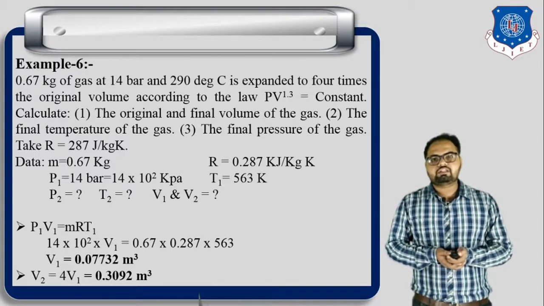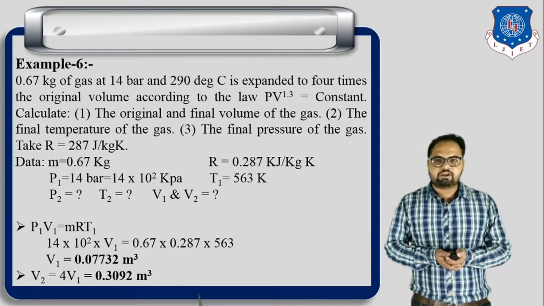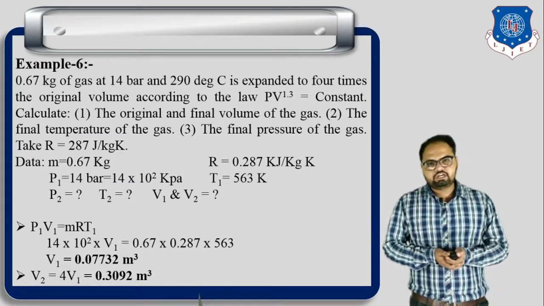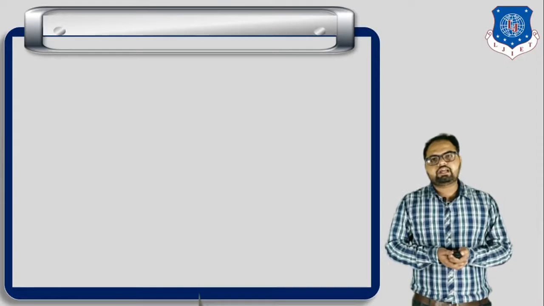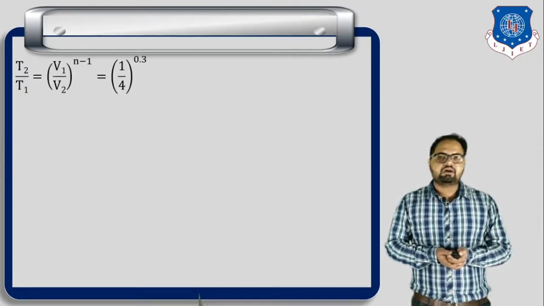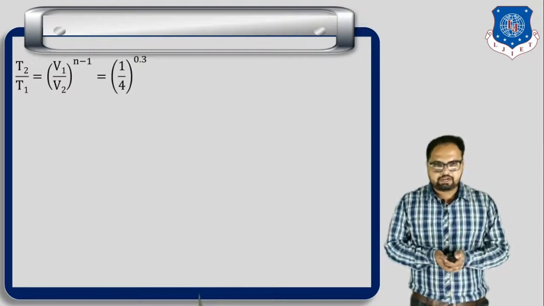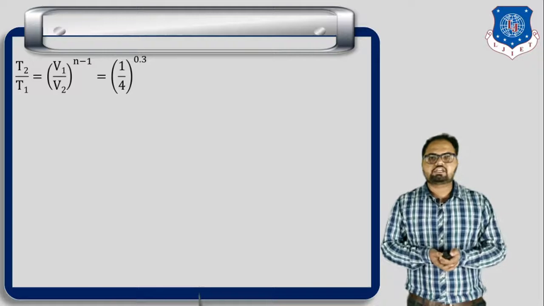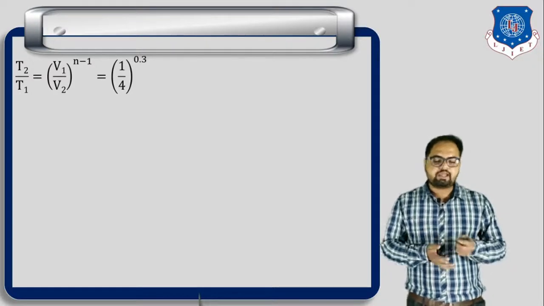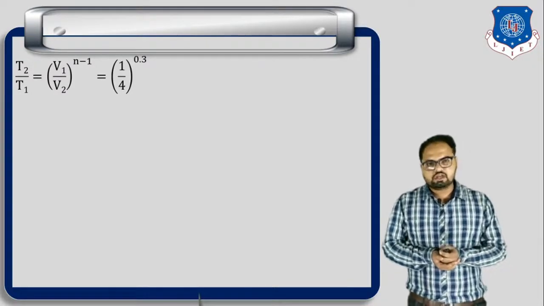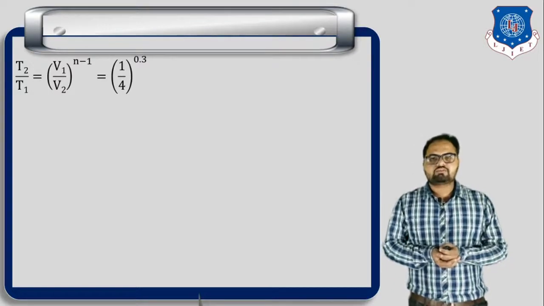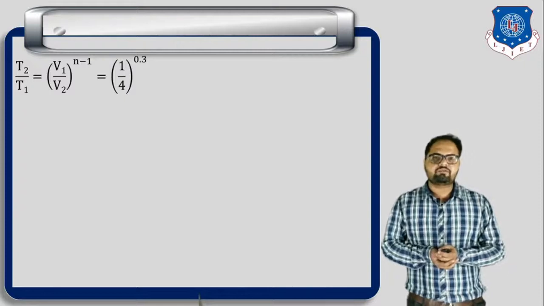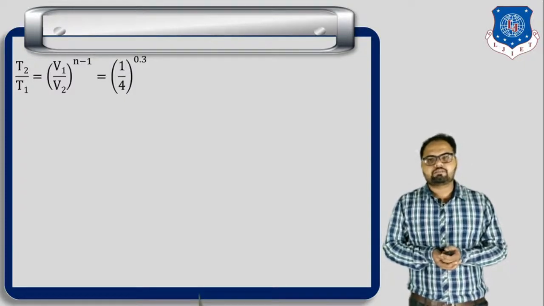In this numerical they have given us the value of T1, but we need to find T2. For finding T2, we have a relation between temperature and volume. First of all, let me remind you of the relation between pressure, volume and temperature during a polytropic process: T1 by T2 is equal to (V2 by V1) raised to n minus 1, which is equal to (P1 by P2) raised to (n minus 1) upon n.